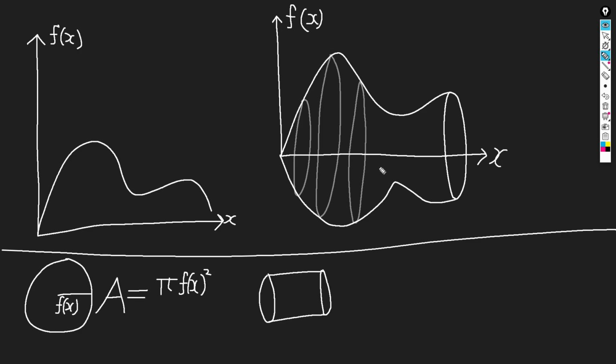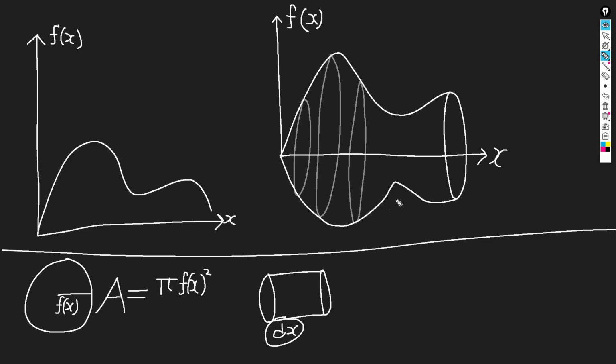The whole idea behind this is just we're getting a representative slice of this solid and then finding out its volume by first getting the area of the slice and multiplying it by its width, which would be dx.